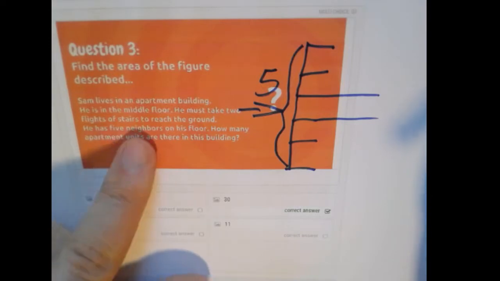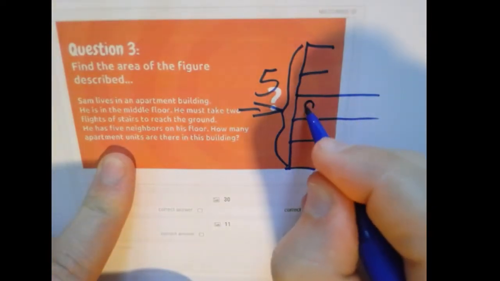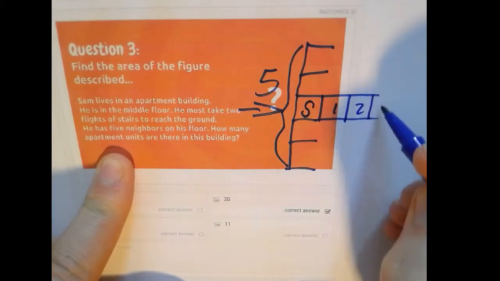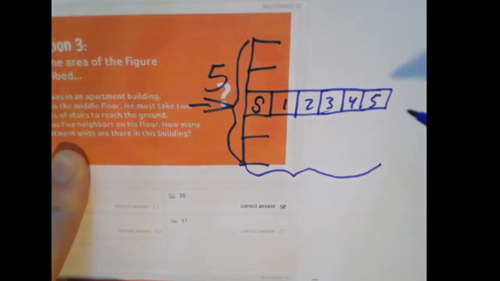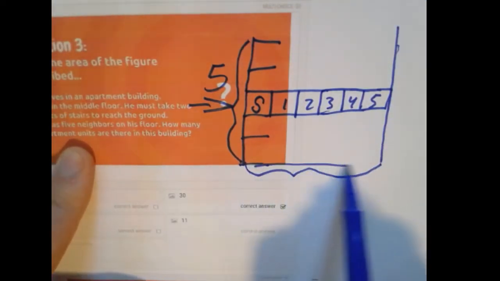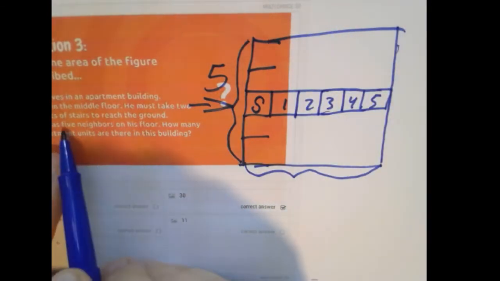So if he has 5 neighbors on his floor, we can picture that maybe Sam lives here, and he has 1, 2, 3, 4, 5, right? So then what is the width of this rectangle? Be careful not to say 5 because it says Sam has 5 neighbors.